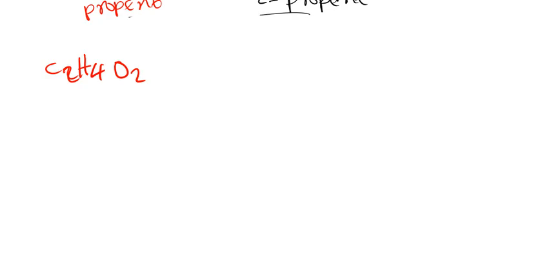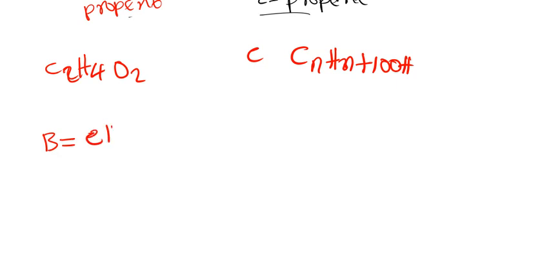That's the formula which the acids obey. So let us start with our acid, which is B. B is ethanoic acid.